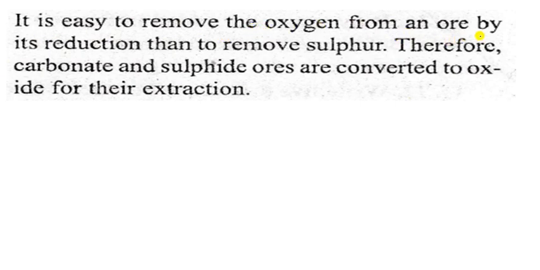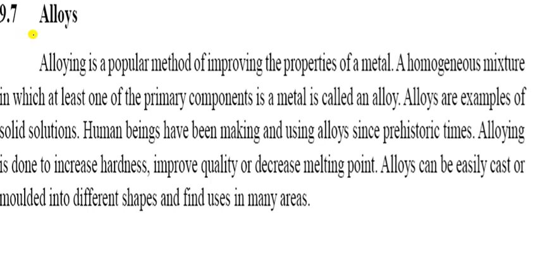Now fourth one is conversion of concentrated ore to oxide depends on the nature of ore and the impurities present in it. For extraction of metal from its carbonate and sulfide ore, it is converted into oxide because by this, moisture of ore and water of crystallization are separated and the ore becomes dry.